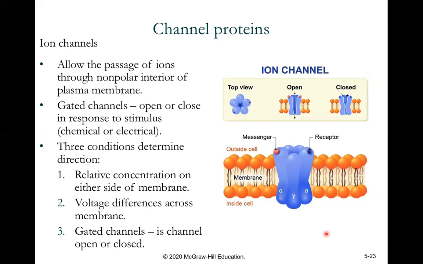First, the relative concentration on either side of the membrane; remember homeostasis, and diffusion, along with osmosis, play a role in how molecules move. Second, there are voltage differences across the membrane. Third, there are gated channels, and the channel is either open or closed. In this image, we have the top view of these channels that either open or close based off of the messenger and the receptors or the chemicals that are involved in the diffusing process.